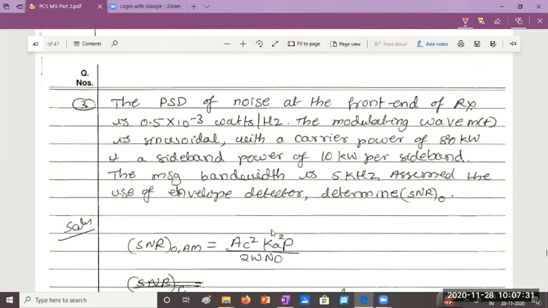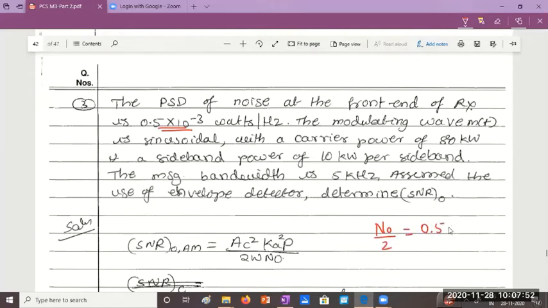Okay. The next problem. Power spectral density of noise at the front end of the receiver is given by this. Whenever they give power spectral density of noise, please consider this value is N0 by 2.